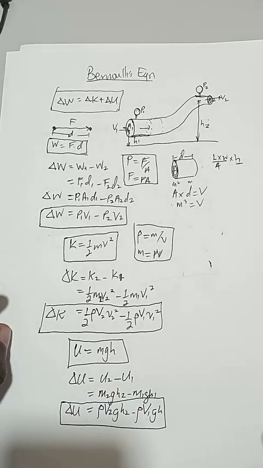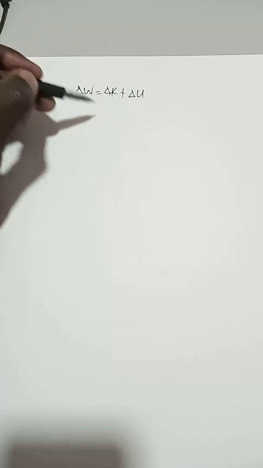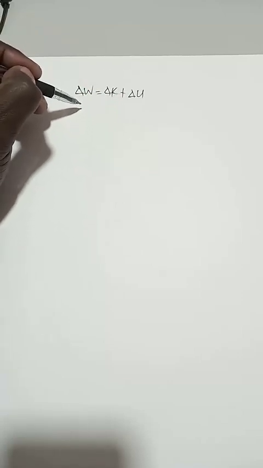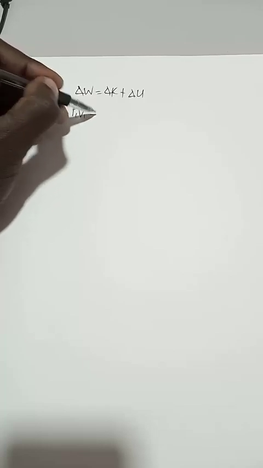Now we will map this to the Bernoulli equation. Delta W, or work done, is equal to delta K plus delta potential energy. So P1 V1 minus P2 V2 is equal to half rho volume 2 speed 2 squared minus half rho volume 1 speed 1 squared, plus the potential energy, rho volume 2 g h2 minus rho volume 1 g h1.